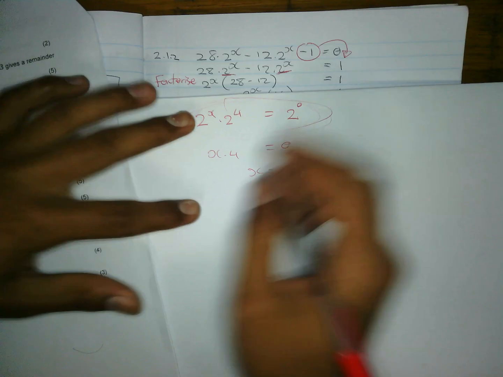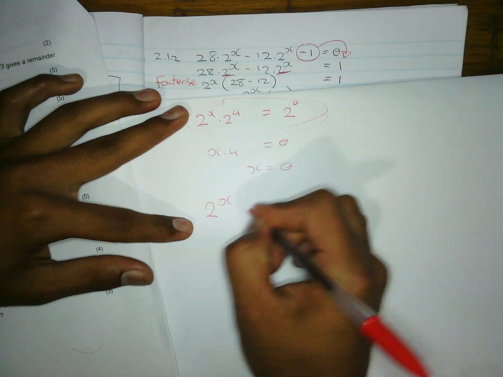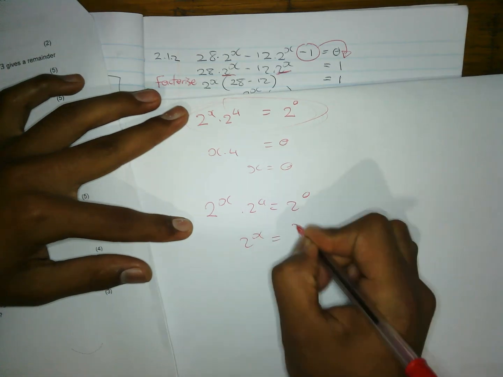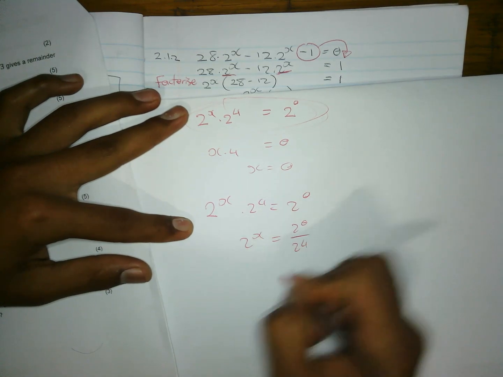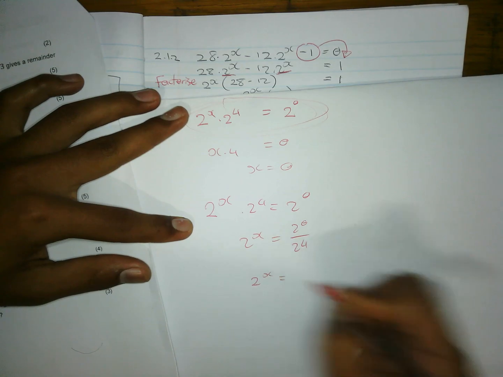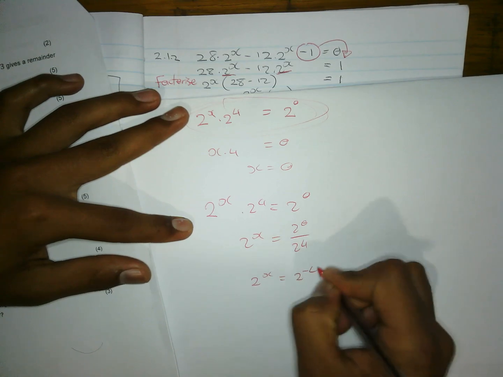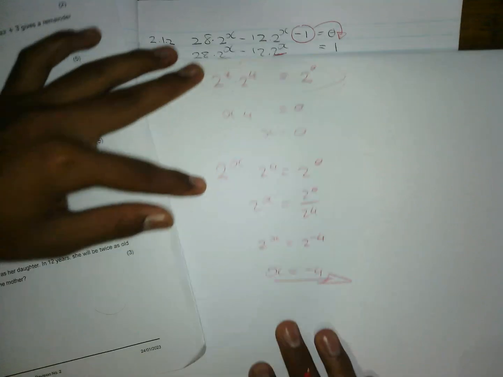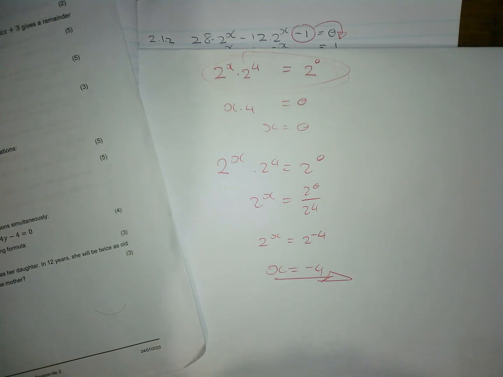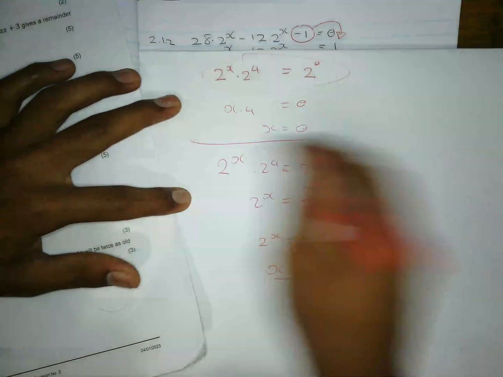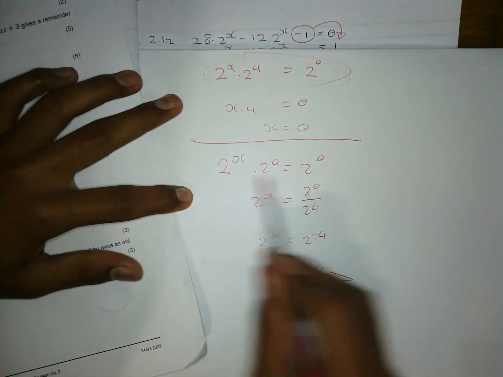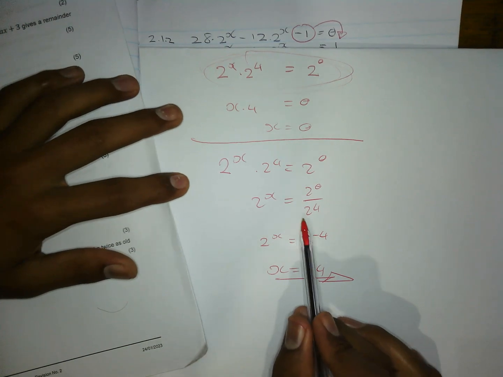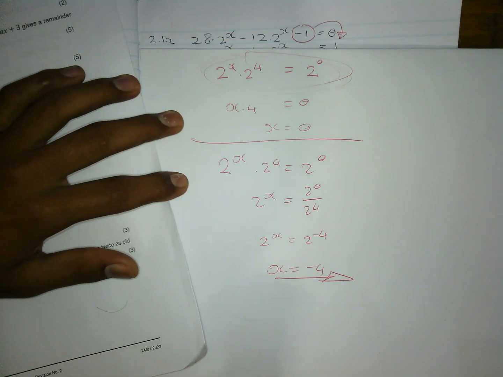What you can do is this. If you really want to do it like that, then you must do this. You will still get to 2 to the power of minus 4. If you want to do it like this, you can, but you must still divide by 2 to the power 4.